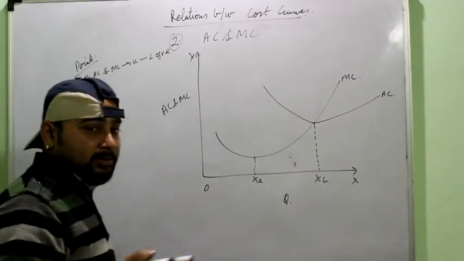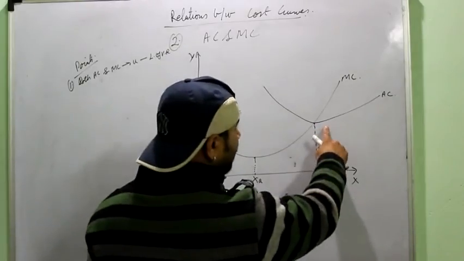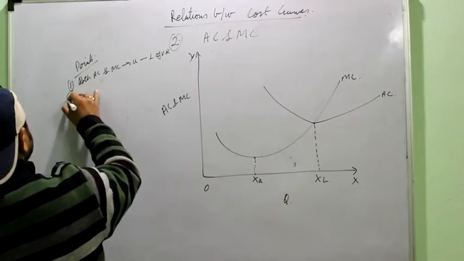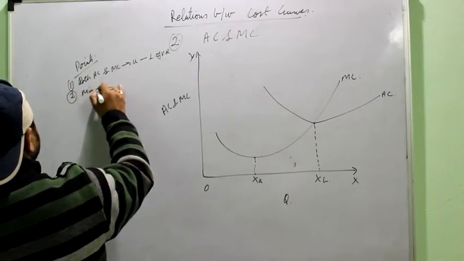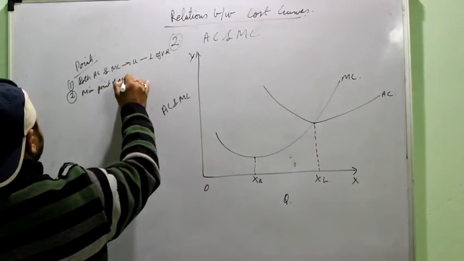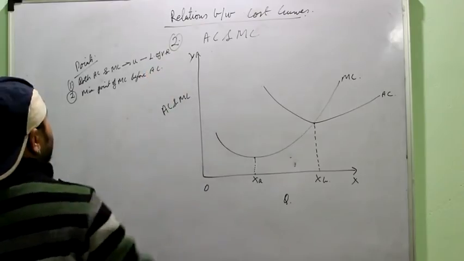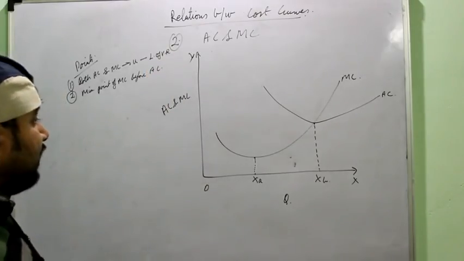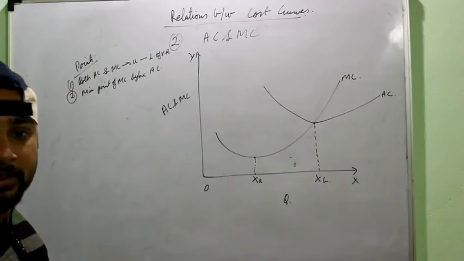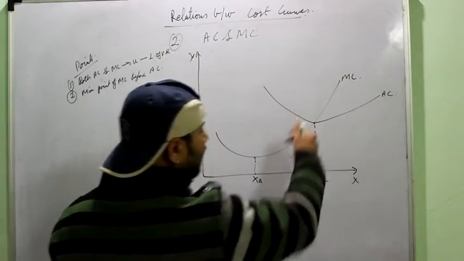Then second point, you have to observe that the minimum point of MC is before the minimum point of AC, or you can also say that MC starts rising before AC starts rising. Now the next 3 points are based on diagrammatic understanding.